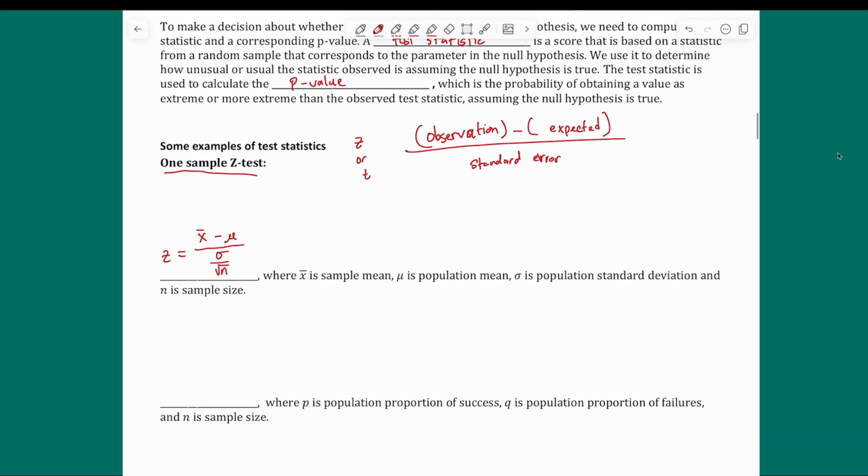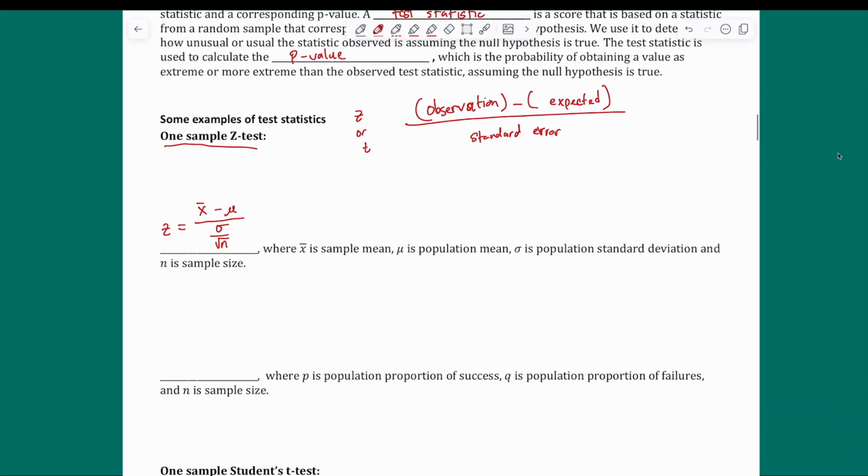The next one is also considered a z-test, but this time it's for a proportion, and the test statistic is z equal to p hat, which is the sample proportion, minus the population proportion, all over the square root of p times q over n.